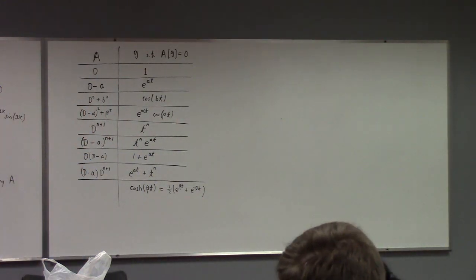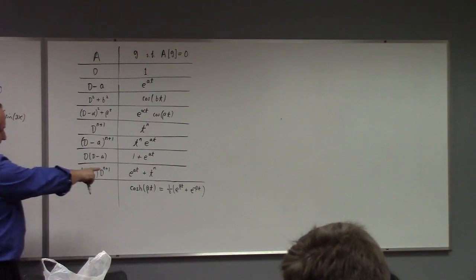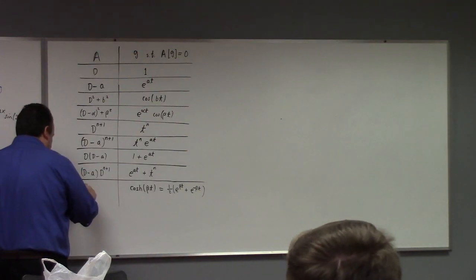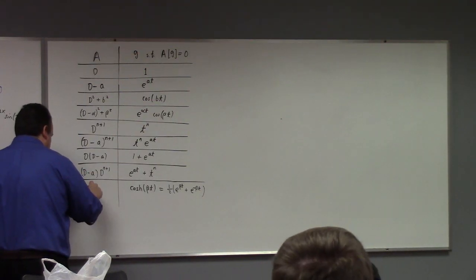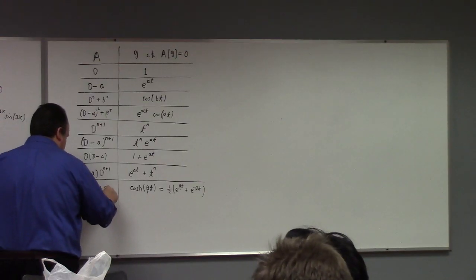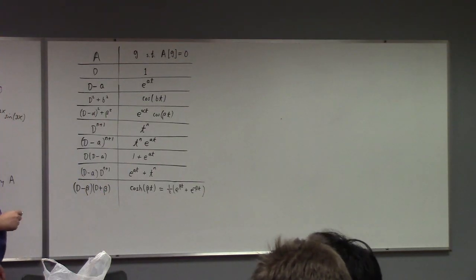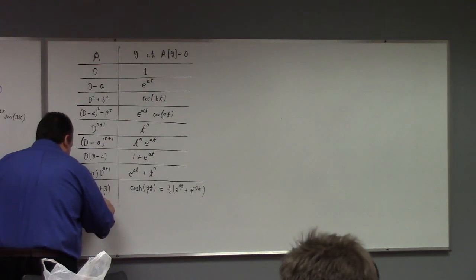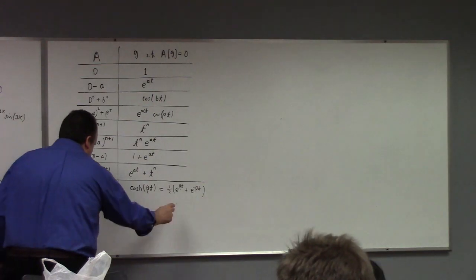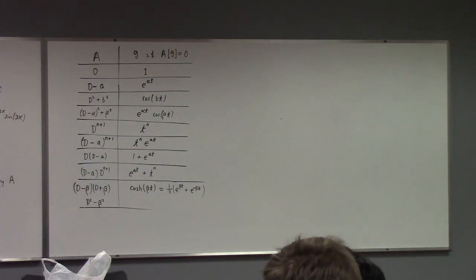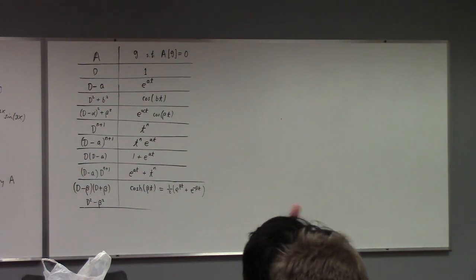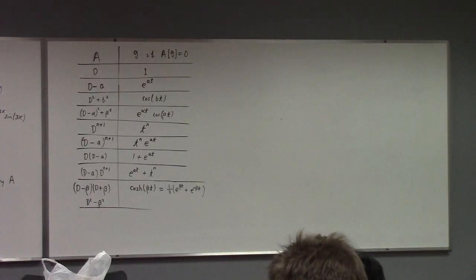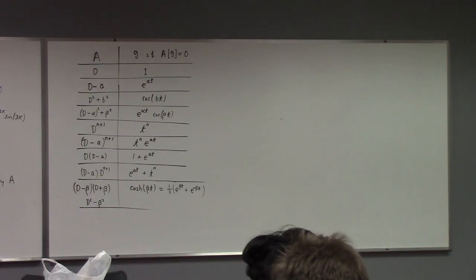So in light of that, it should be clear that we do D minus beta times D plus beta, which is actually D squared minus beta squared. The same thing will kill sinh of beta t. So sinh and cosh are just like sine and cosine, just changing a plus to a minus, or vice versa, depending on how you look at it.